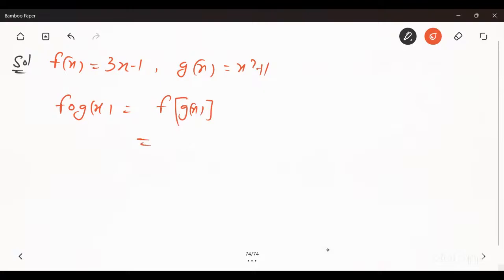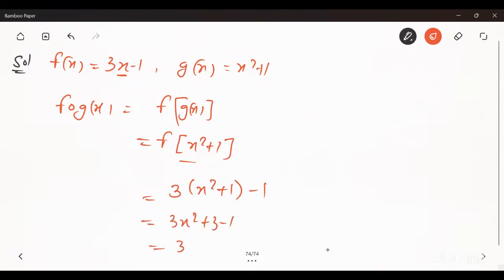So f is 3x minus 1 and g(x) is x square plus 1. Now you have to put the value of g(x) in function f(x). So 3(x square plus 1) minus 1. So 3x square plus 3 minus 1. So 3x square plus 2 is the value of f of g of x.